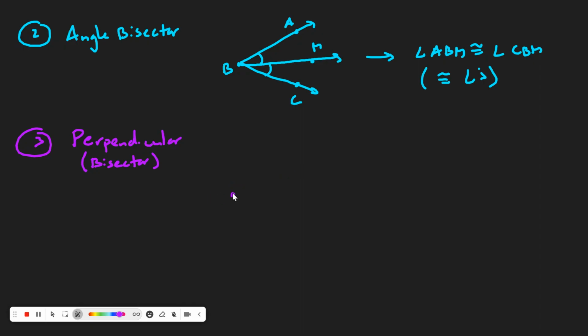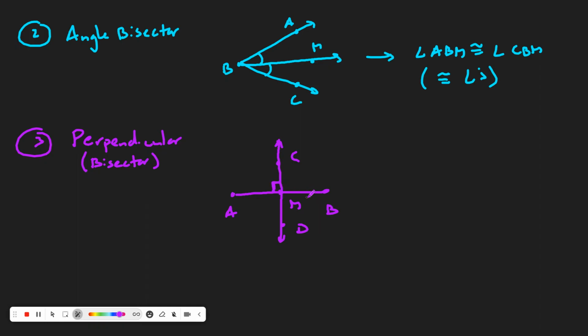If I have a segment, call this segment AB, and a point, and a line or ray or segment going through that point, I'll call this point M for later, and let's call this line CD. Then I have a right angle box.